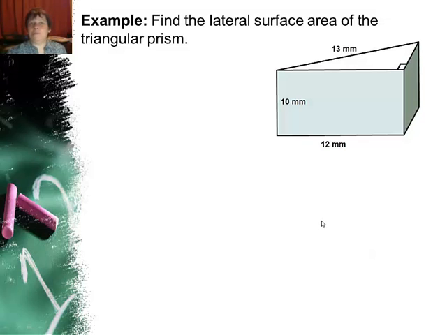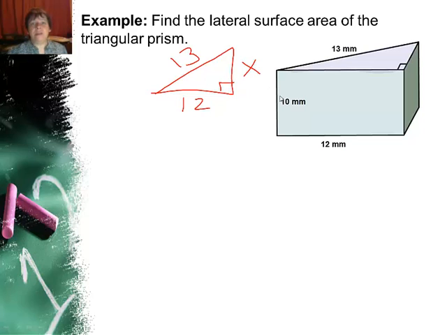In this example, I do not have a regular polygon as the base. You can see that this is a prism because the sides are rectangles and the bases are triangles. In fact, they're right triangles. Here's the base right here. It's a right triangle, and you can see there's the 13, there's a 12, a right angle, and there's x.